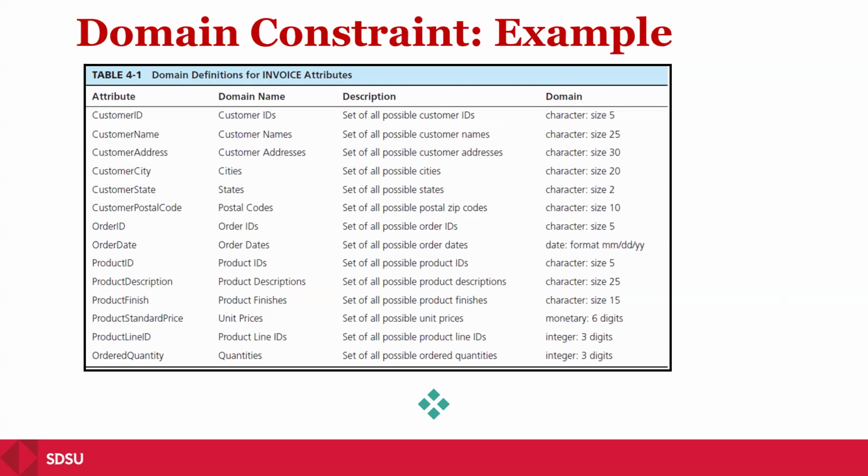In this case, customer ID, for example, is a character, so it's not necessarily a number, and there is a size to that. Customer ID should not be longer than 5 characters. Customer name should not be longer than 25 characters, and so forth. So this is an example of the domain constraint. The domain constraint specifies the size and the data type.